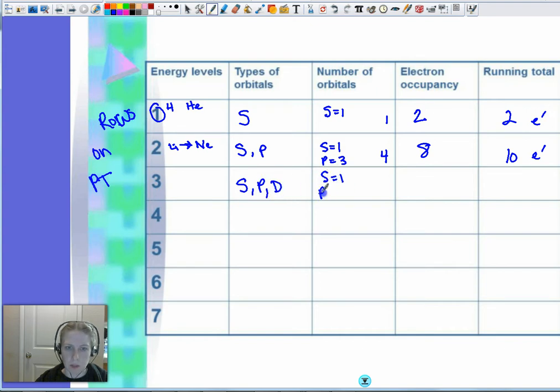S equals 1, P equals 3, and D equals 5. So we add that up for a total of 9 orbitals. And 9 times 2, because each orbital can hold 2 electrons, gives us 18 for a running total of 28 electrons.